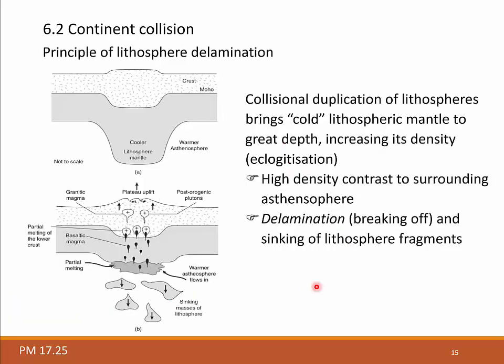Here we see a more schematic sketch that illustrates the principle of lithospheric delamination that comes from van der Pluijm and Marshak's textbook. We see here a strongly thickened lithosphere, a duplicated thickness of the crust and the lithospheric mantle, which creates this mantle root. This happens in response to continent collision, and most collisional orogens will show such a mantle root.